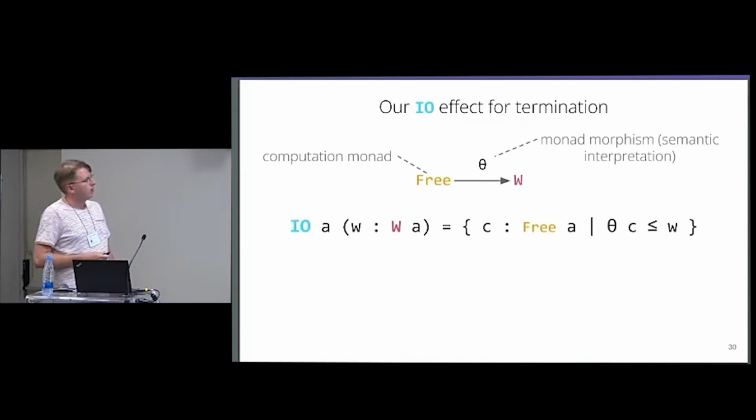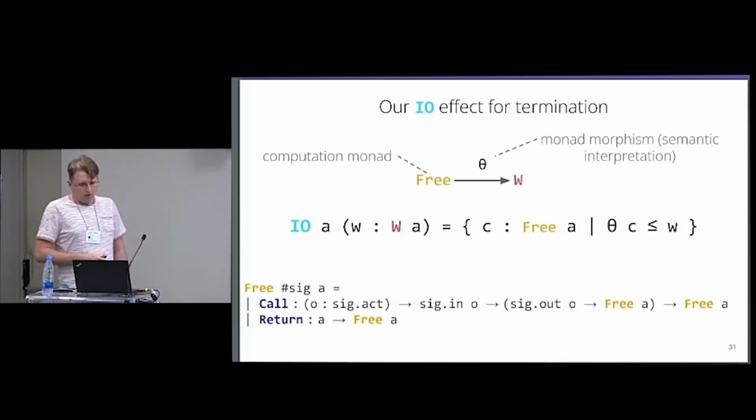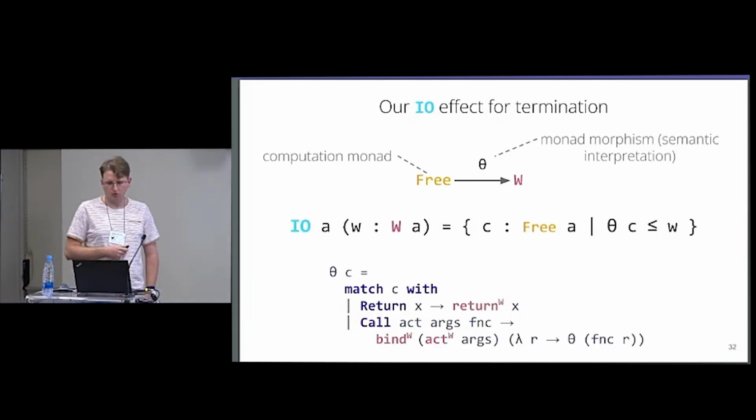Okay. So in our case, we choose our computation monad to be the free monad. It's just a free monad parameterized by a signature. It has two constructors. One is call, accepting an action, arguments, and then a continuation. It should be standard.